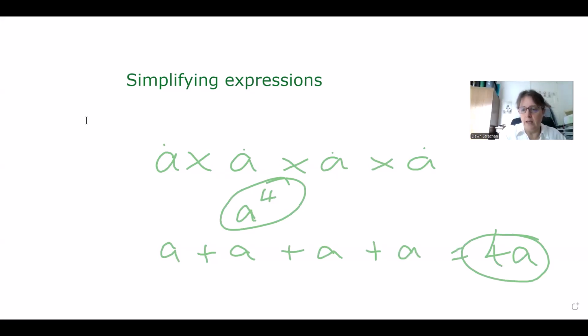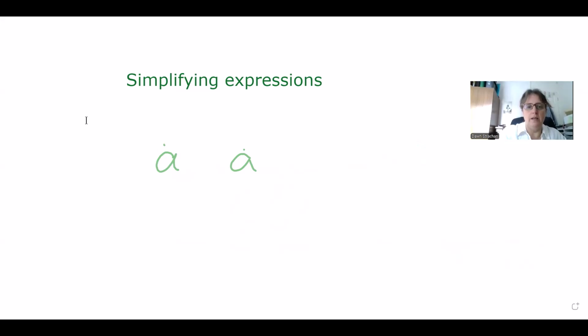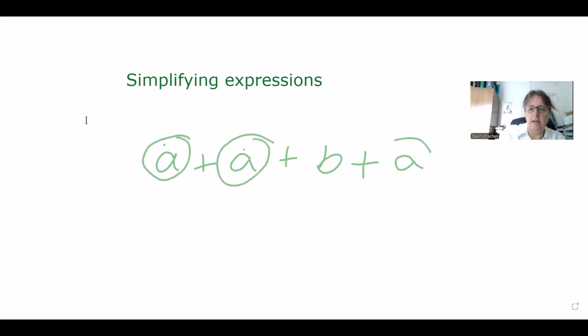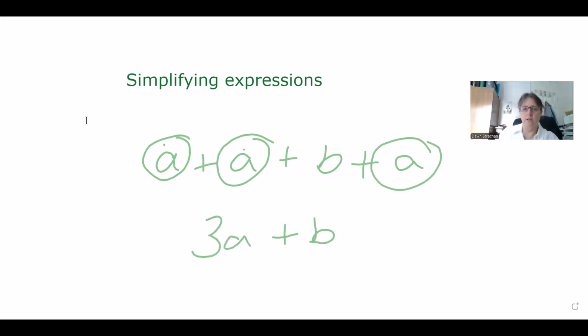What you may have is A plus A plus B plus, let's have another A. So this time I've got A, A, A. So I've got 3 A's and I've got a B, and that would be my answer.